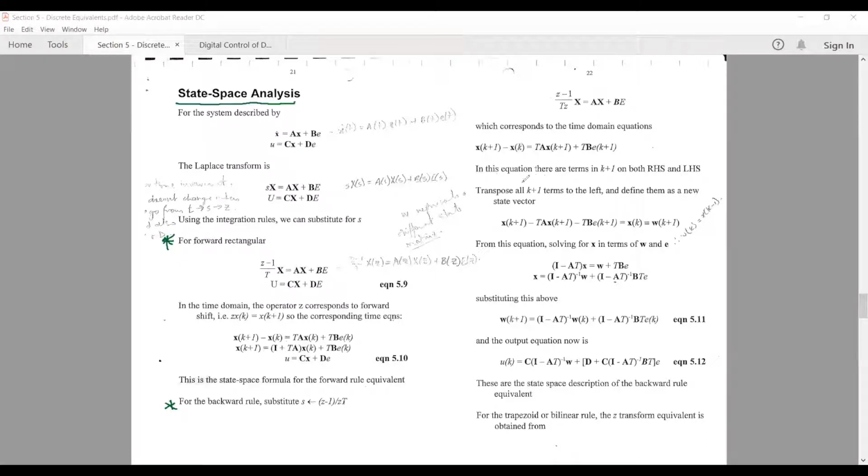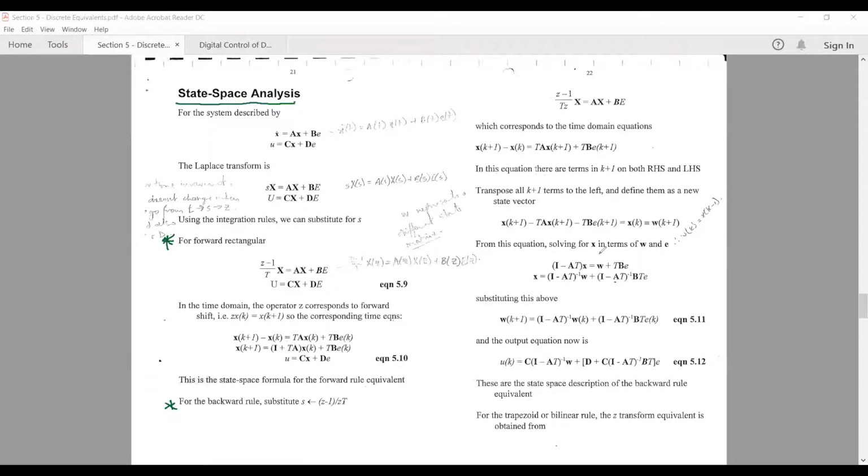So this x of k will go to the other side. Now for all the k plus 1 terms, we use another variable called w, so we substitute w of k plus 1 for the left hand side.